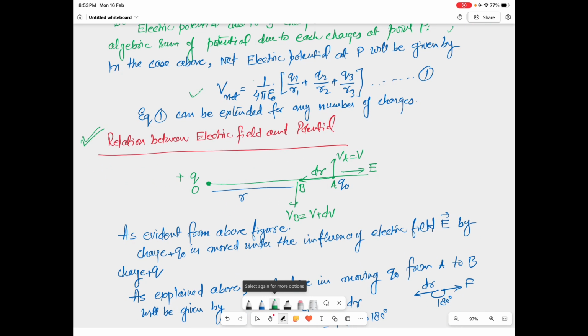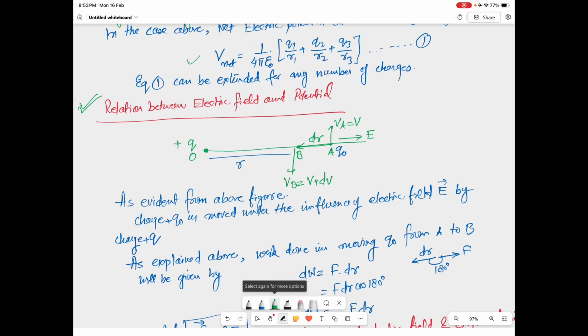Now I will quickly come to a very important point. What is the relation between electric field and potential? The same theory, the same method I have adopted here.